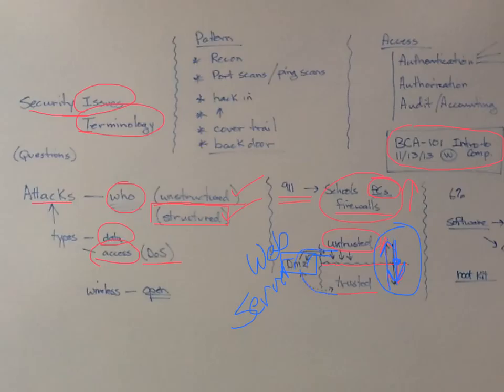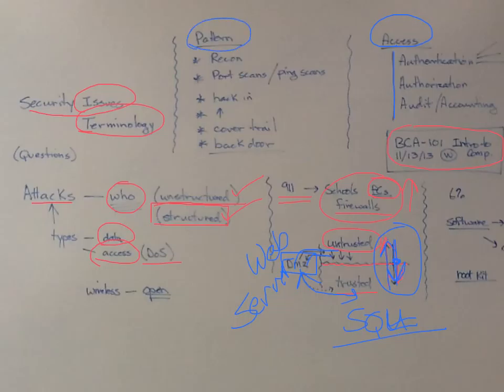That web server may then access an SQL database, and this creates some issues also. So you can see how that might work. Then we started talking about different ways to control access. We'll talk about that in a little bit.